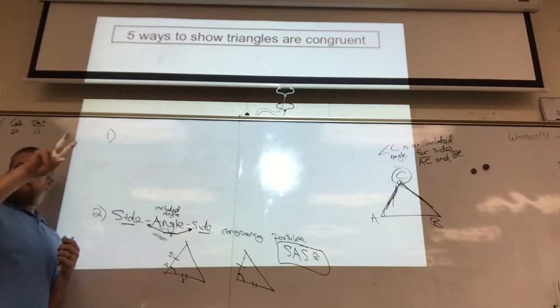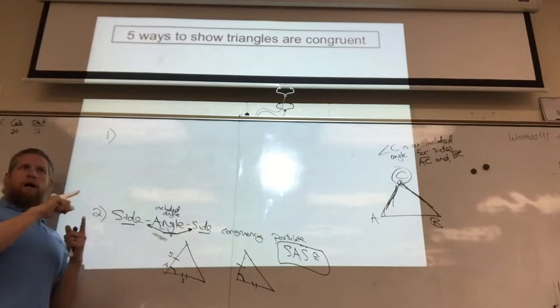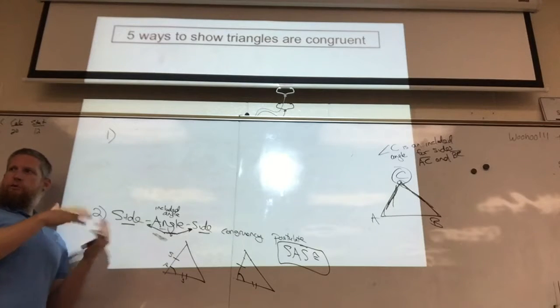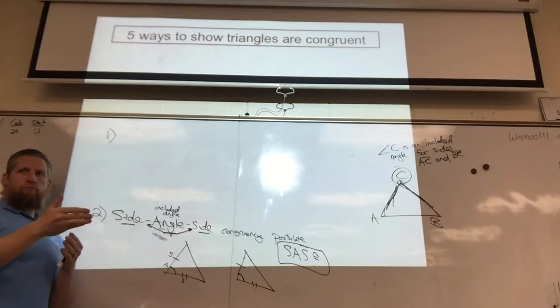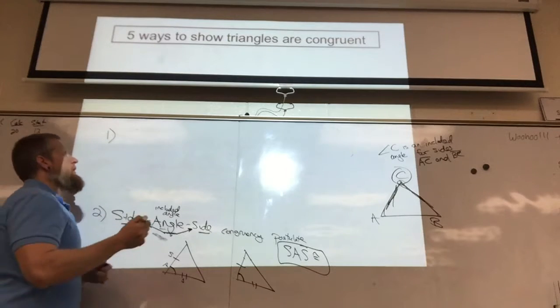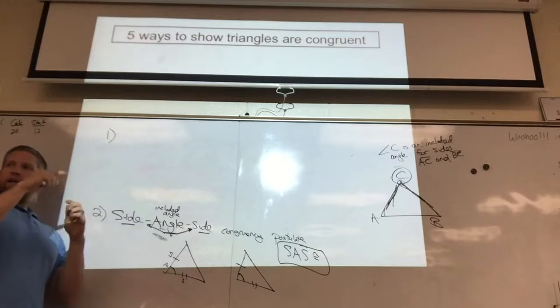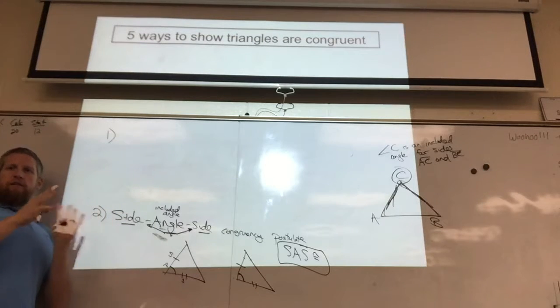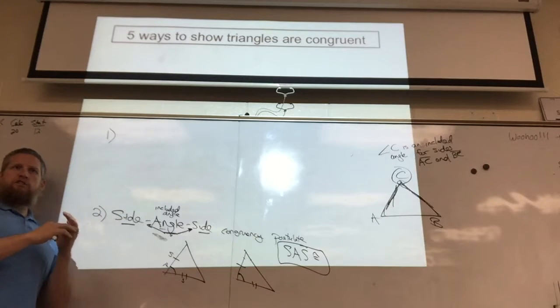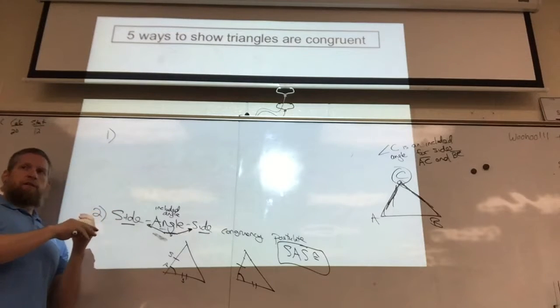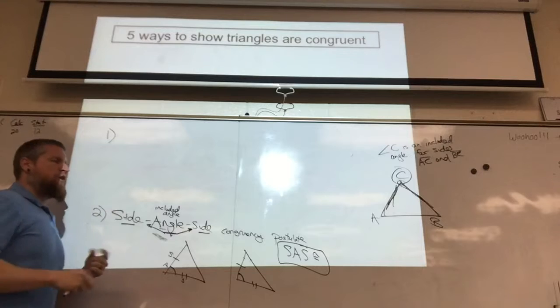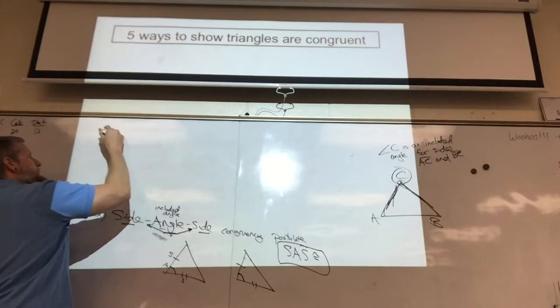All right, the next two both revolve around you having two angles on the side. So two pairs of angles, one pair of sides. The ordering of the letters is really the only difference between them. It's just going to matter on if the side is called an included side, meaning it's shoved between two angles, or it's a non-included side.